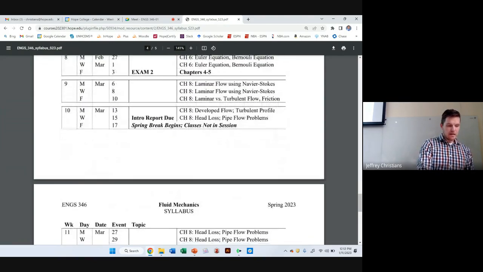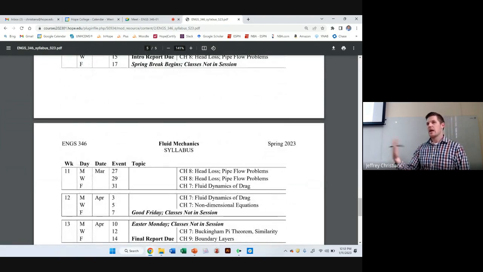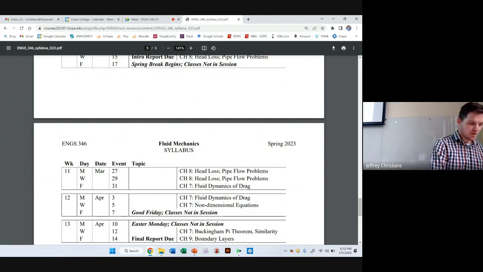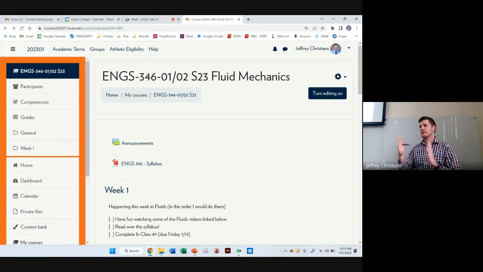It's a report and project, so you're going to be doing an analysis and writing up a report on it. But we'll get to that when we actually get there. Other than that, the final exam dates are already on the syllabus, so if you want to know when those are going to be, they're there.